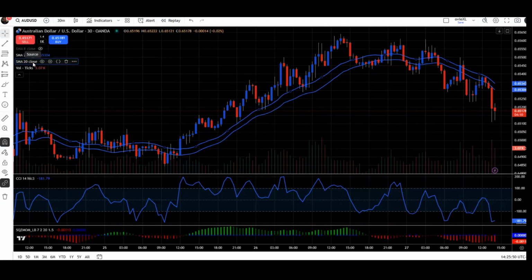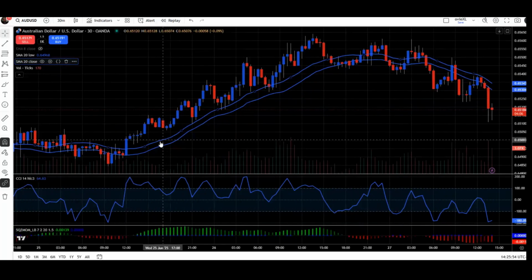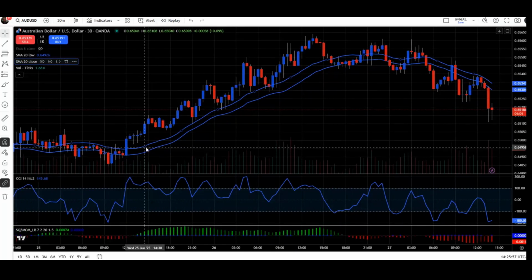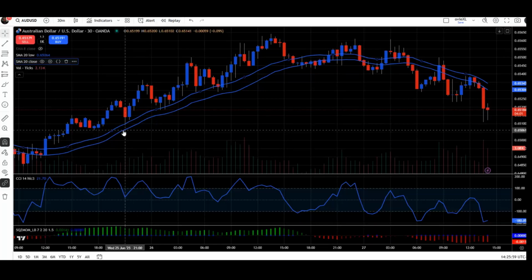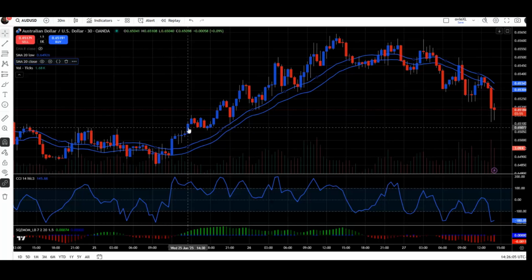And as you can see, it kind of channels out at first glance what the market is telling you. It gives you an instant visual of where the dynamic support and resistance are.